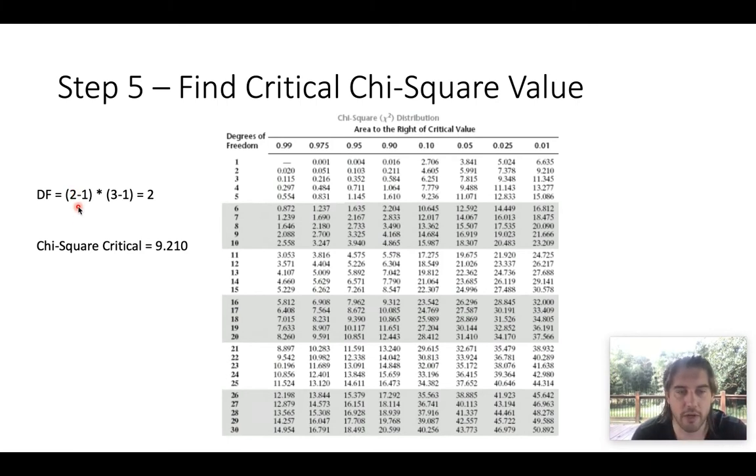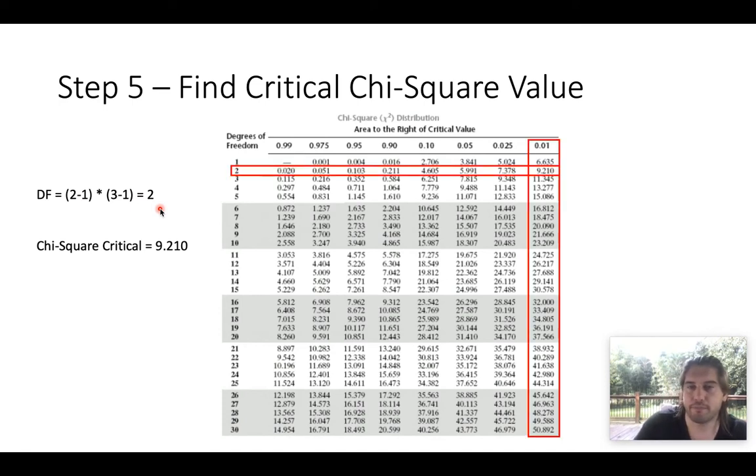So 2 minus 1 is 1, 3 minus 1 is 2, so 1 times 2 equals 2. So with an alpha of 0.01 and 2 degrees of freedom, we have a chi-square critical value of 9.210.